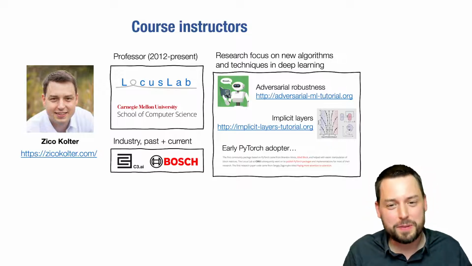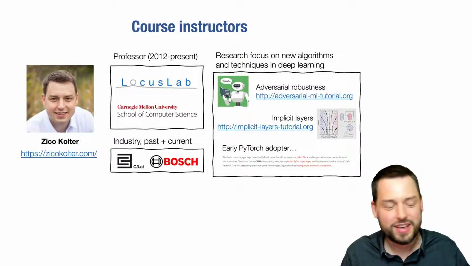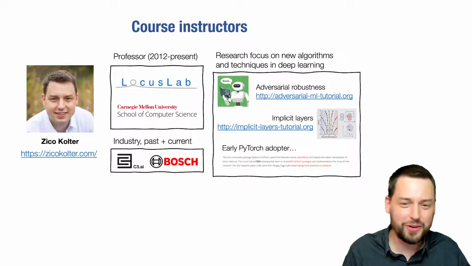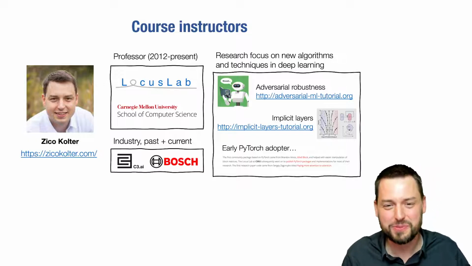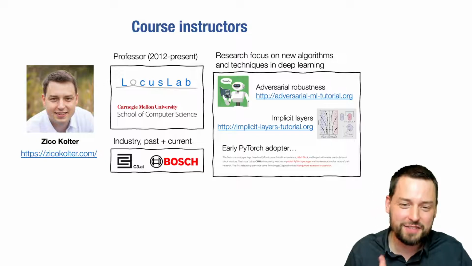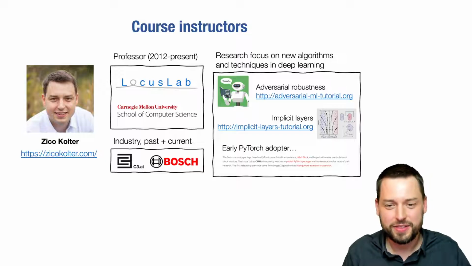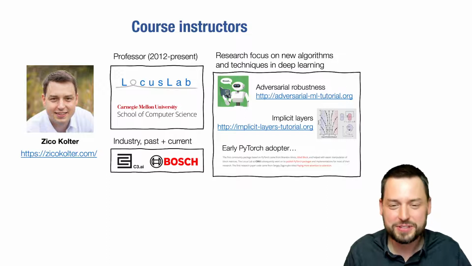I was also an early PyTorch adopter, and one of my marks of pride, which doesn't hold a candle to the systems work Tianqi has done, is that my group were early PyTorch adopters. We were mentioned as the first group releasing third-party libraries for PyTorch.